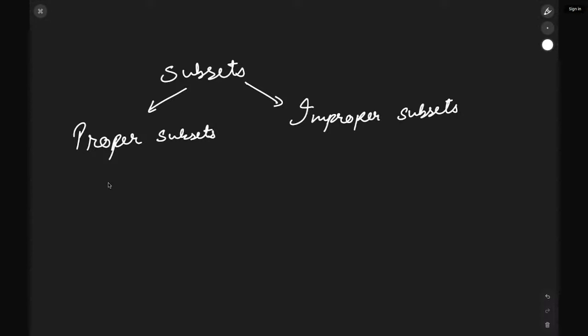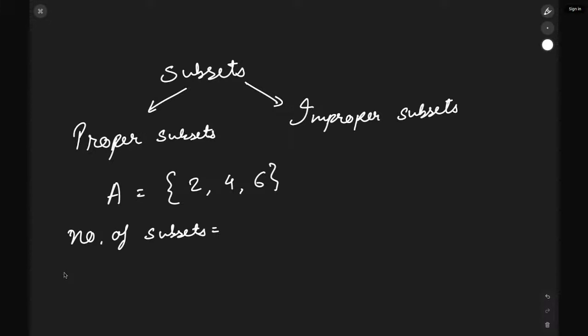So, I'll give you an example. Let's say set A includes 2, 4, and 6. Then let's generate the number of subsets. I'll write down the subsets here. 2 is a subset, 4 is a subset, 6 is a subset.